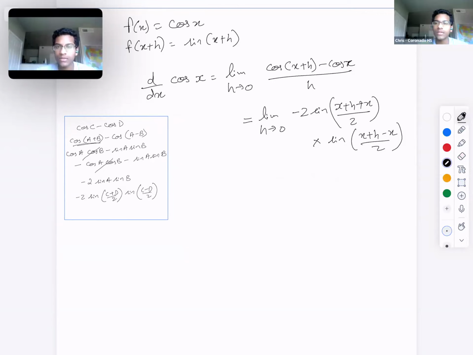Oh, you would cos. I put cos. So you put minus 2 cos of 2x plus h divided by 2. No, this is still sine. The formula I used, the one I derived, both of these are sine. Where is cos?